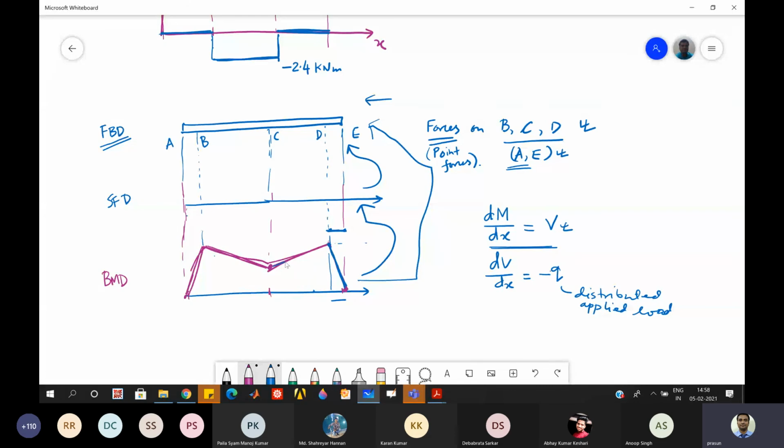Now come here. You can see what is happening. The slope is positive, and it is linear, meaning constant. That means the shear force will be constant, and it is positive.